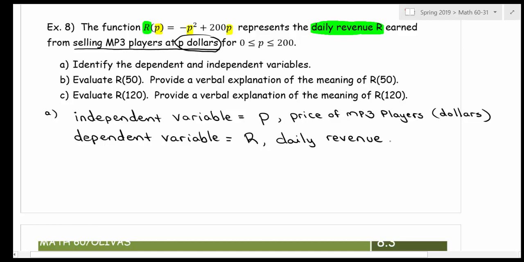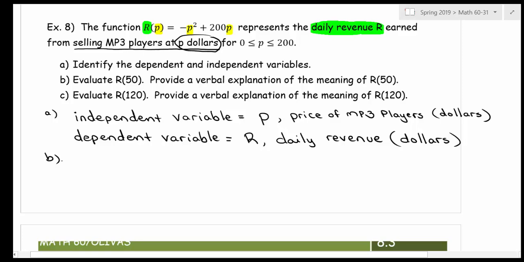And because revenue is measured in money, in dollars, since that's what we're charging for the MP3 players, we're going to earn dollars. So that means dollars also.